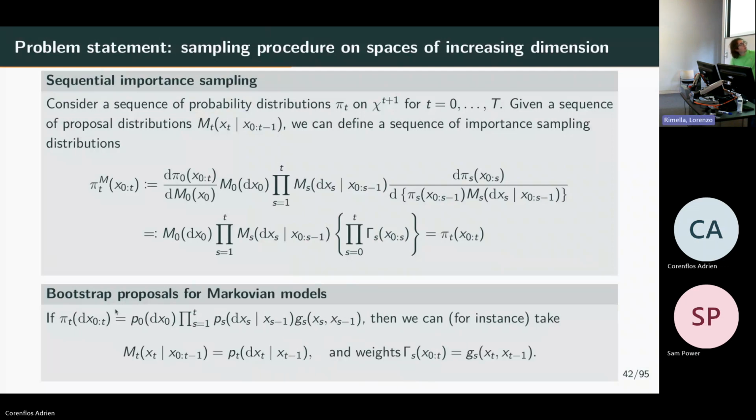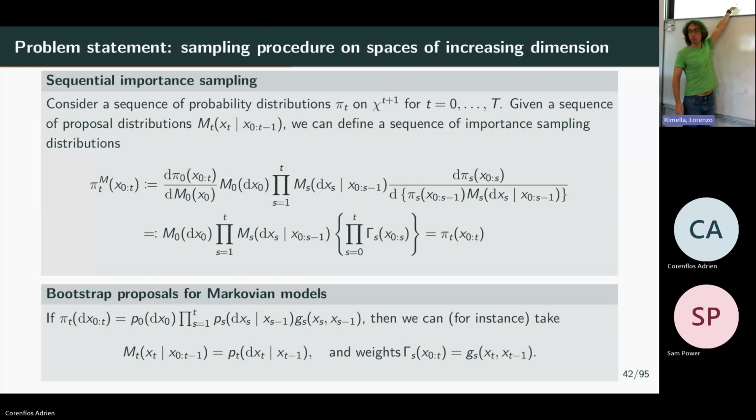If you have a Markovian model, then it simplifies even further. And I think I didn't write it, but then you recover the case of a state space model when the G is just a function of an observation.